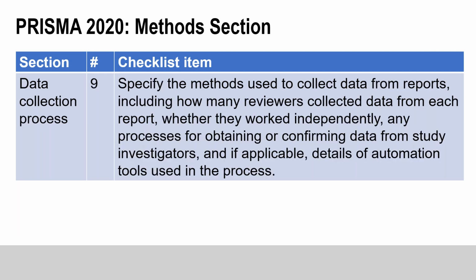Similar wording is used for the next item on data collection methods. We've built in a bit of repetition within the items just to make it clear that we recommend they cover these types of steps across various stages of the review process, such as screening, data collection and risk of bias assessment.